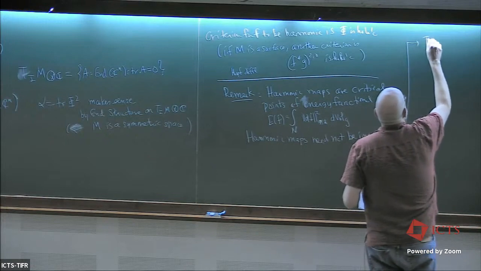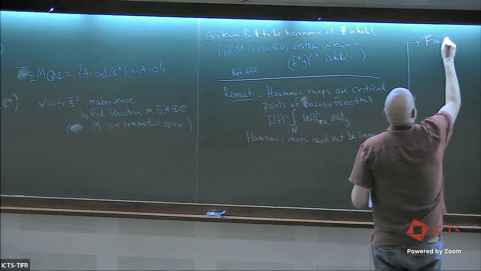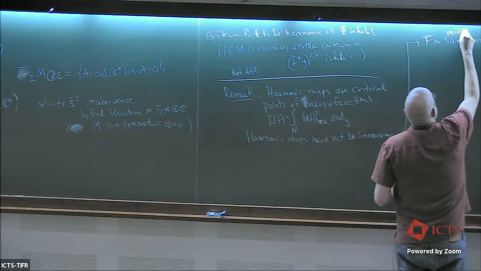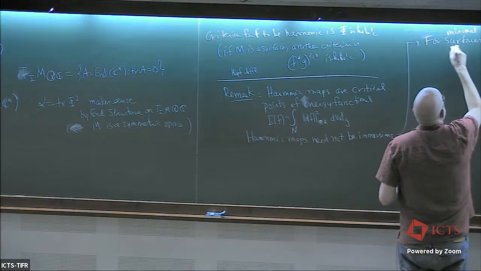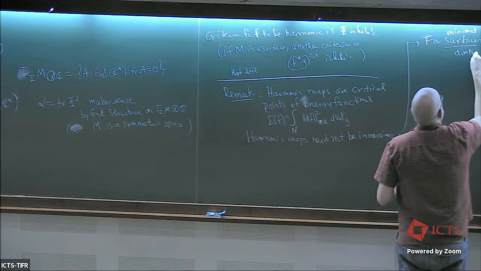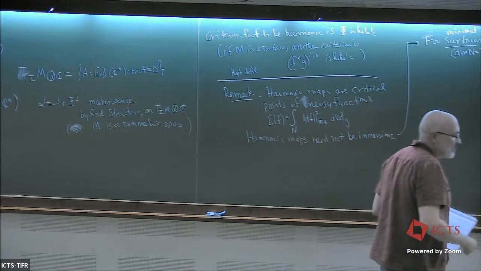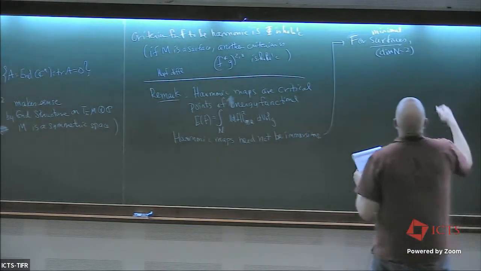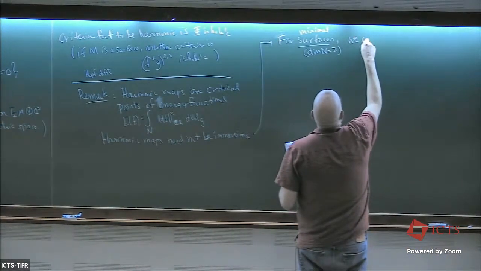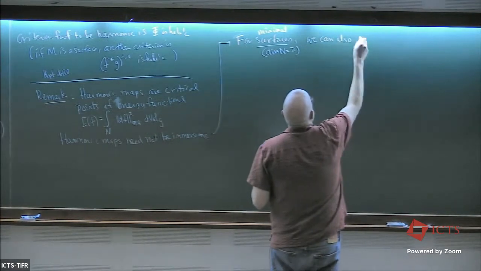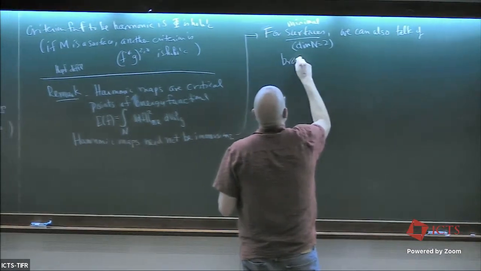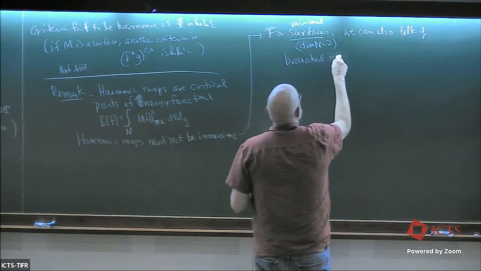So for surfaces, for minimal surfaces, this is strictly the case, dimension of N is equal to 2. I believe you can say something else otherwise. We can also talk of branched minimal surfaces.